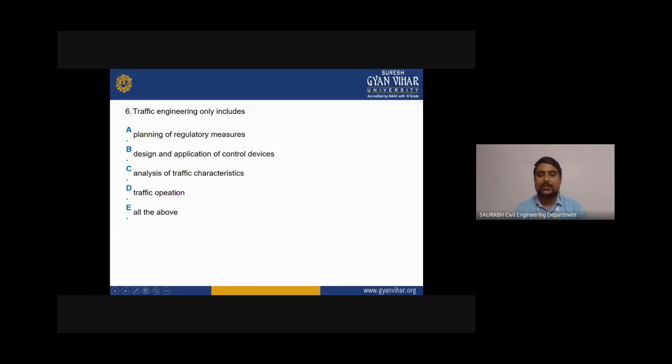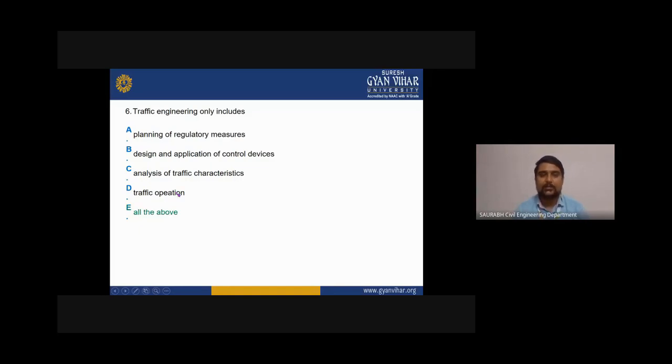This is the basic question, where it is asking: traffic engineering includes planning and regulatory measures, design and application of control devices, analysis of traffic characteristics and traffic operation, and the last option given here is all of the above.